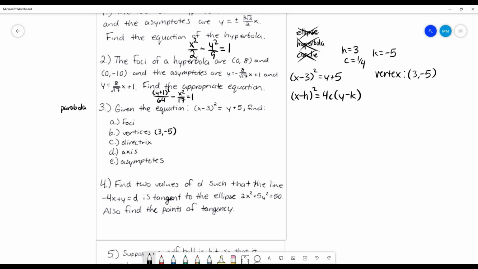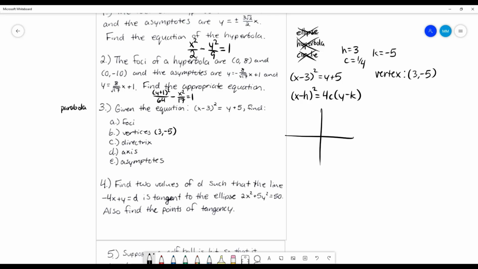Now we want to find our foci, and our directrix is probably next as well. This looks like a parabola that we're used to, with symmetry with respect to the y-axis, so it's going to look something like this.